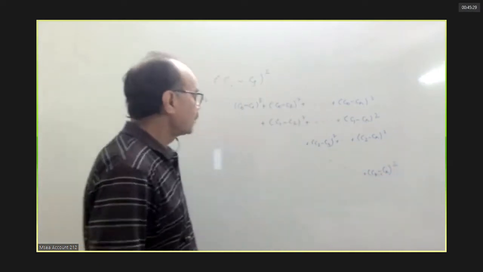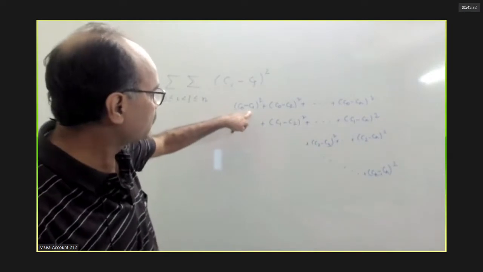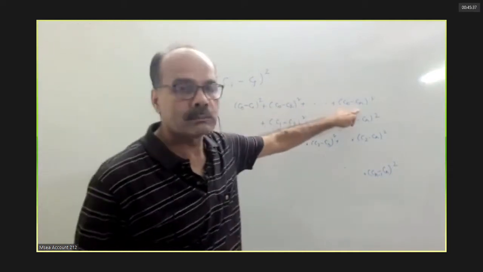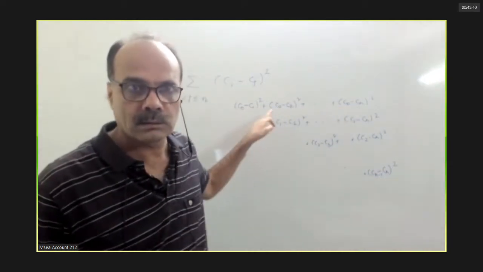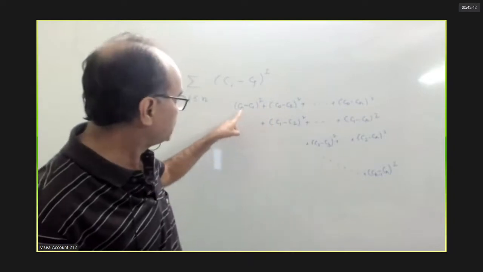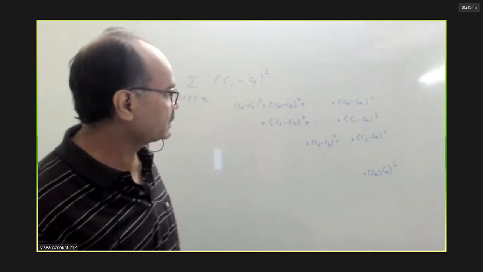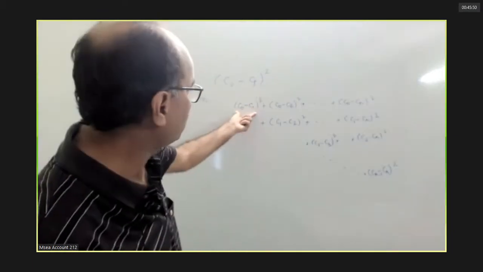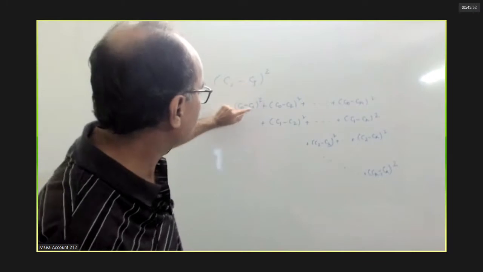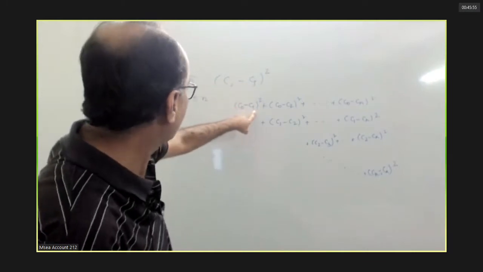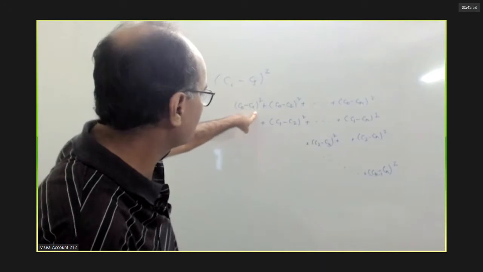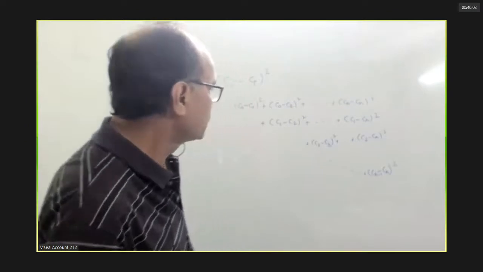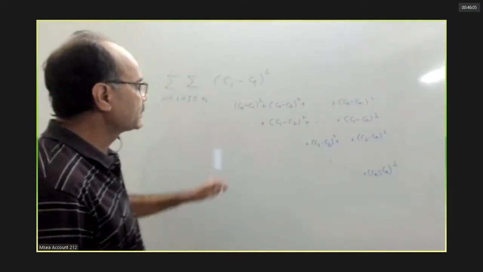Now, C0 square will appear how many times? n times, since there are n brackets, and it appears once in each.